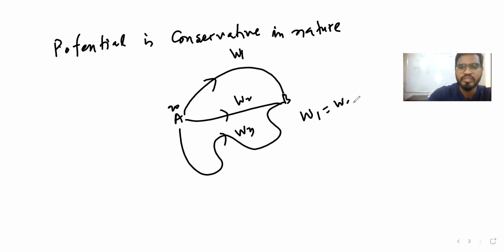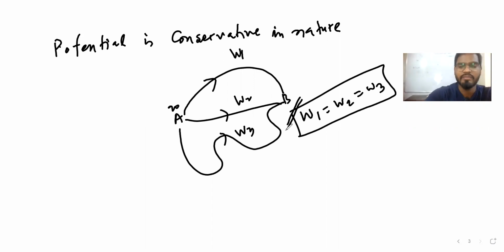So 1, 2, 3 are all the same. Potential is going to be the same. So work done in a closed loop is going to be 0. We learned, no? Electric field lines cannot form a closed loop because it is conservative in nature. Same thing here also, right? So we can say in all the three paths, work done is going to be 0.